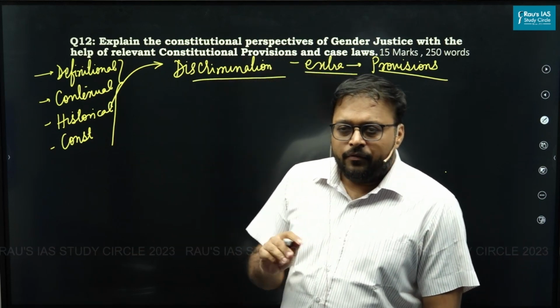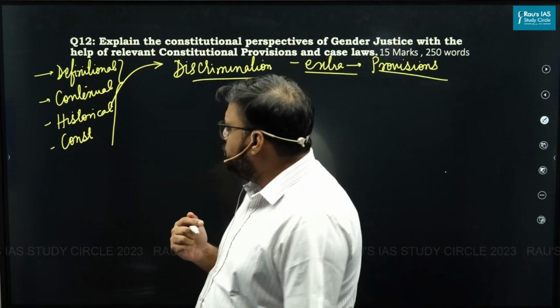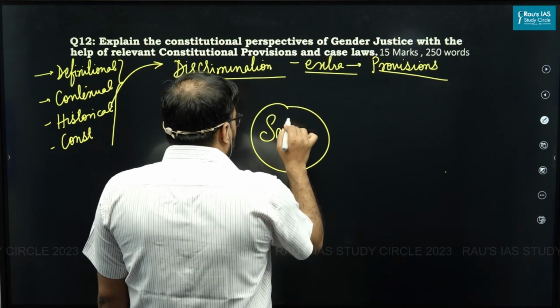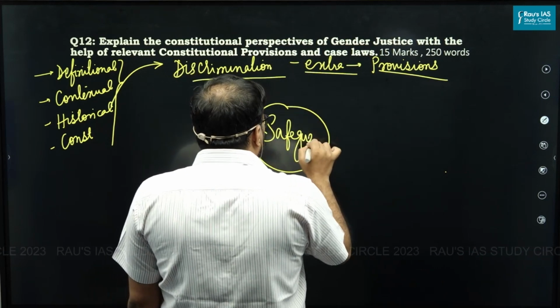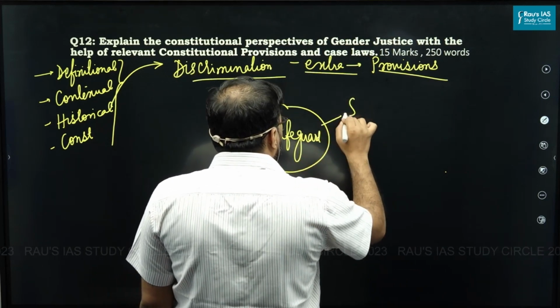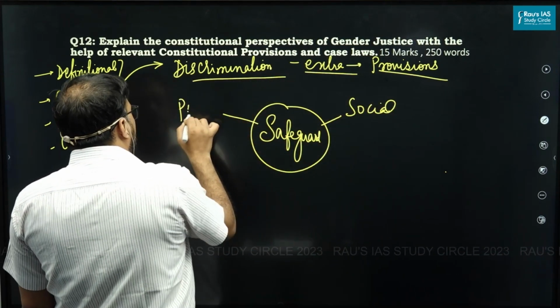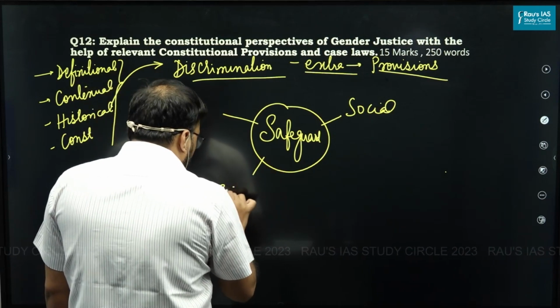And then whenever I am talking about the constitutional provisions, or the constitutional safeguards, I will try to divide my answer as social safeguards, political safeguards and economic safeguards.